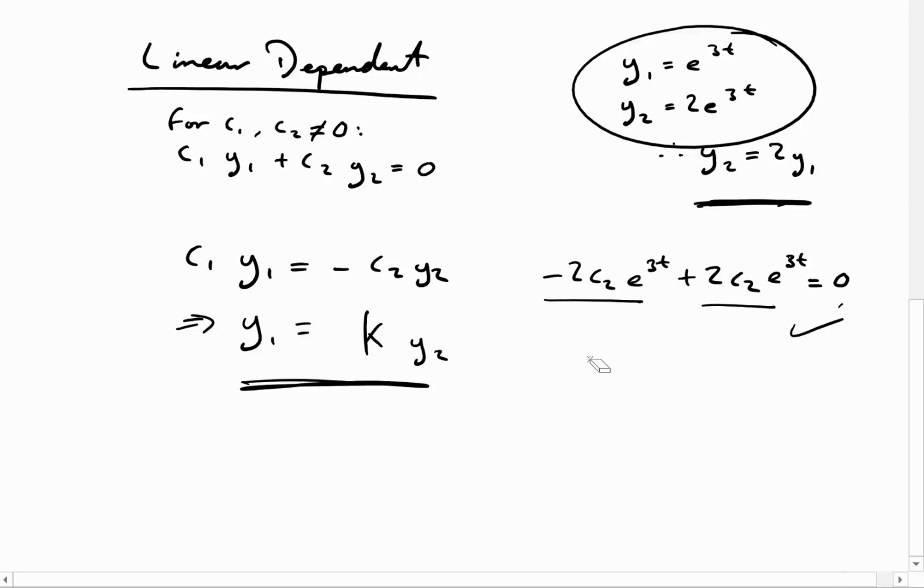They both cancel out. So therefore I've found constants. There does exist some constants such that that is the case, okay?